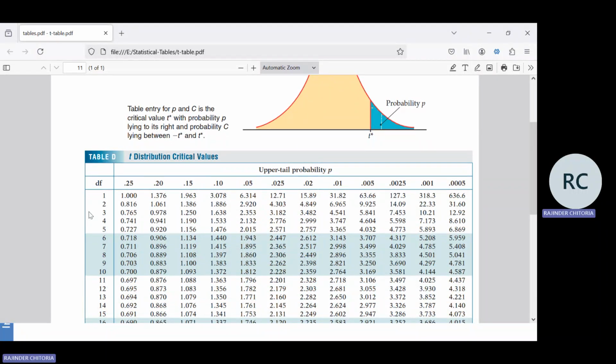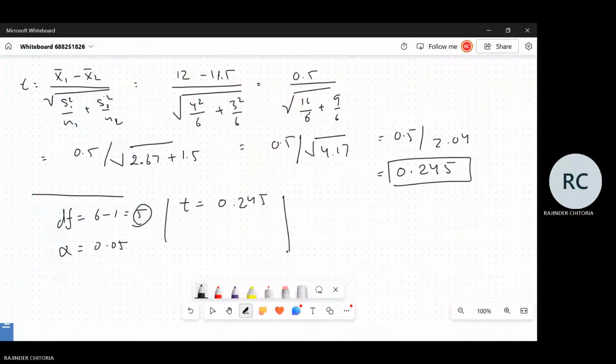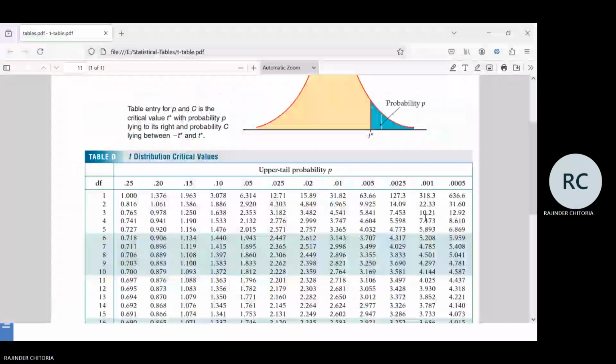In my case, the degree of freedom is 5, and we have the reading for 0.05. Here we get a value of 2.015, so my table value is 2.015.